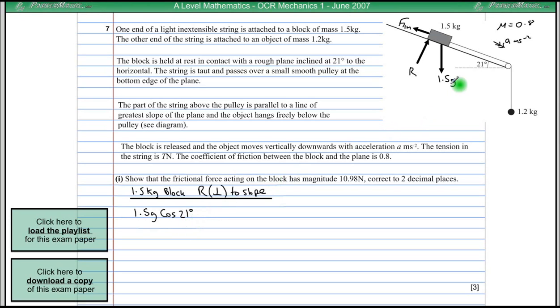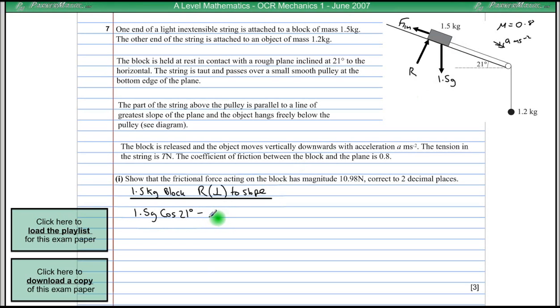I'm not going to go into detail why that is in this question. You might want to look at some simpler questions if you're not confident in this, because this question will get a bit more complicated later on. So that's the force from the component of this 1.5 g weight force into the slope.